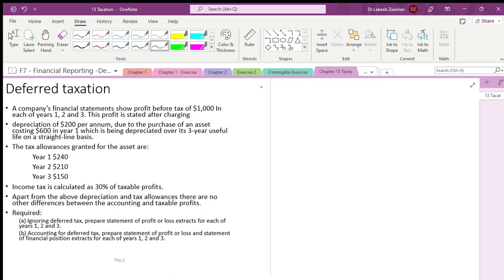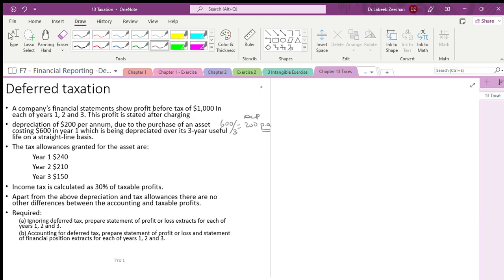Means you are taking an asset of 600 for 3 years. Depreciation is 200 per annum.